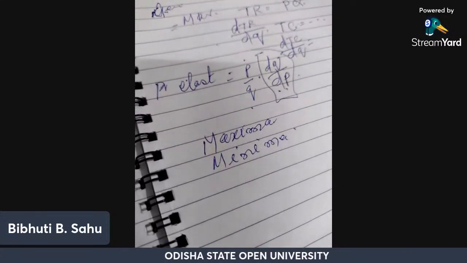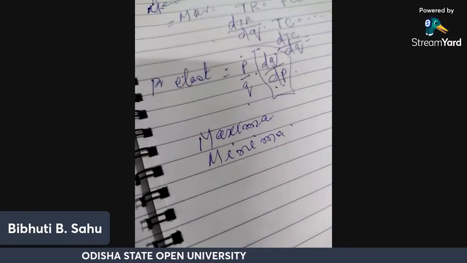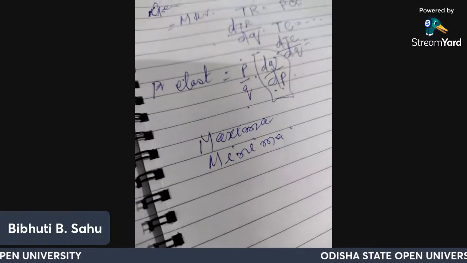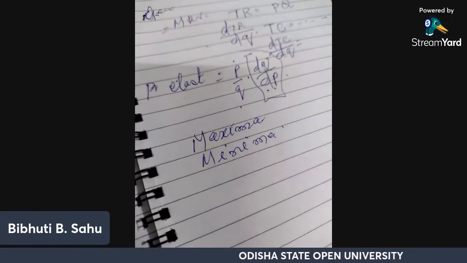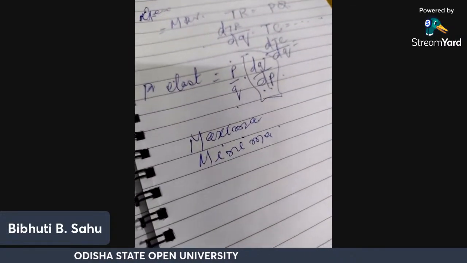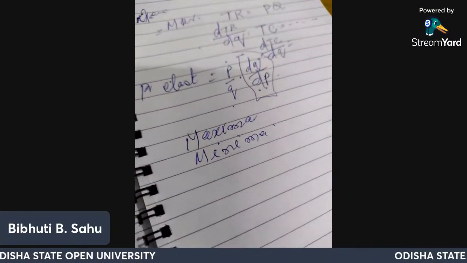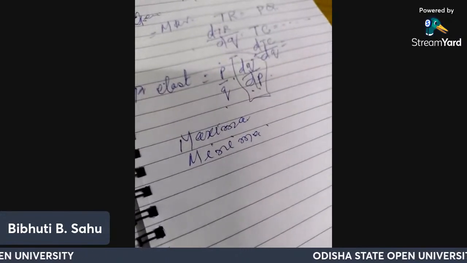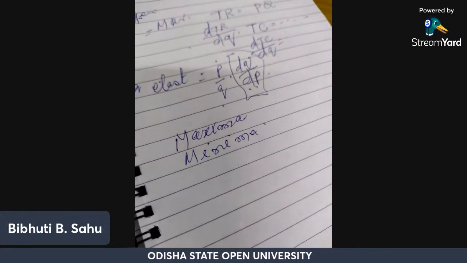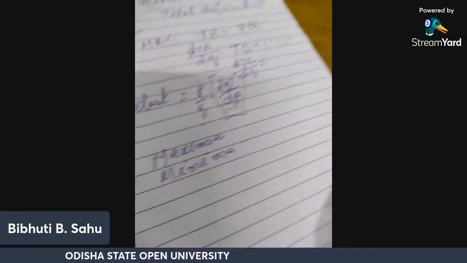By taking the first order derivative with respect to the independent variable as 0. For the maxima, the second order condition will be negative, less than 0, and for the minima, the second order derivative will be greater than 0.